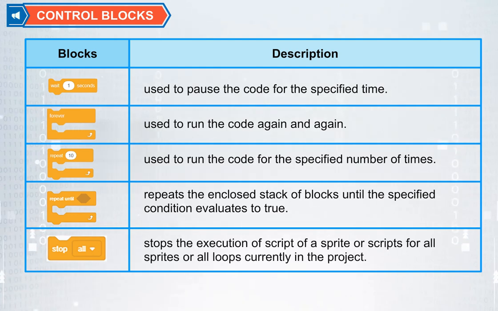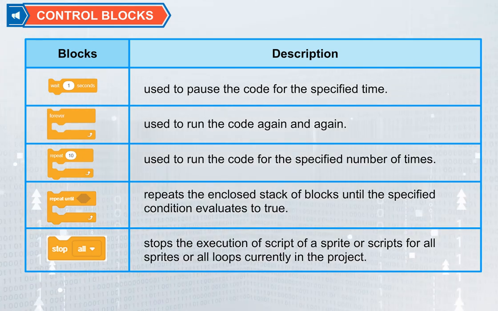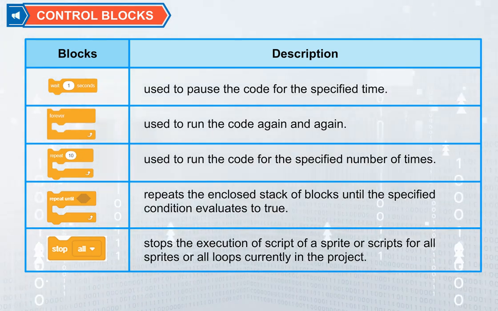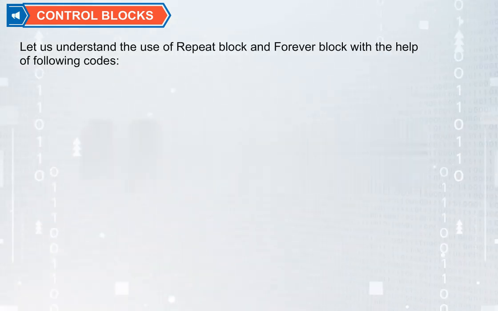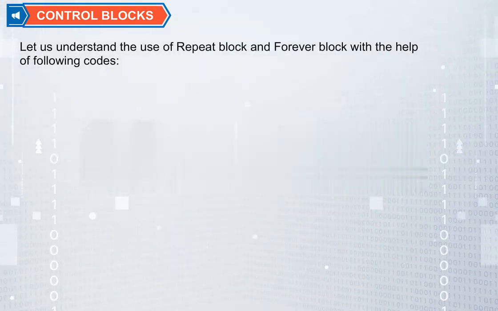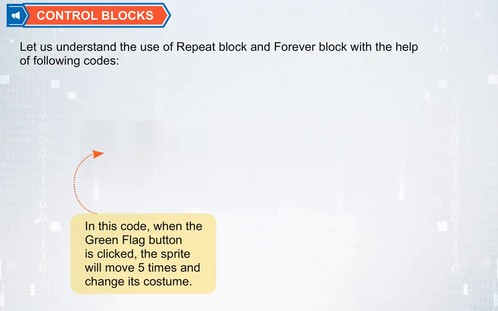Stop all. Stops the execution of script of a sprite or scripts for all sprites or all loops currently in the project. Let us understand the use of repeat block and forever block with the help of the following codes.